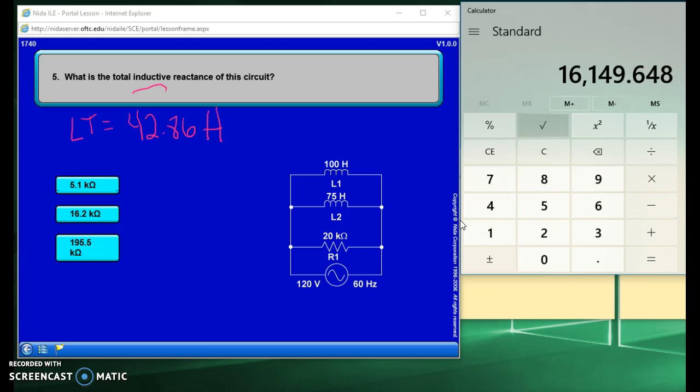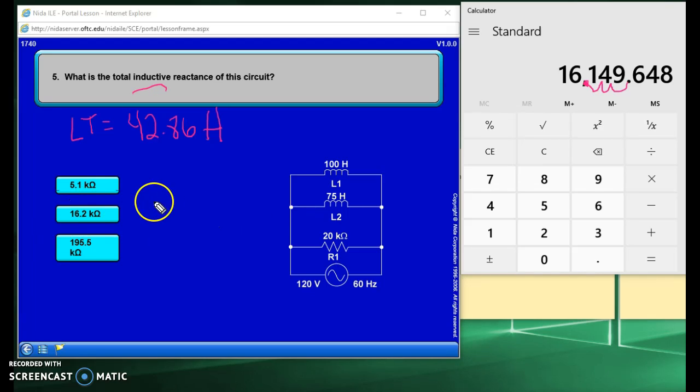And that is 16,149. The decimal point is way over there. And notice all our answers are in K. So if I want to convert this to K, I've got to move that decimal 1, 2, 3 places. So 16.149 easily rounds to 16.2.